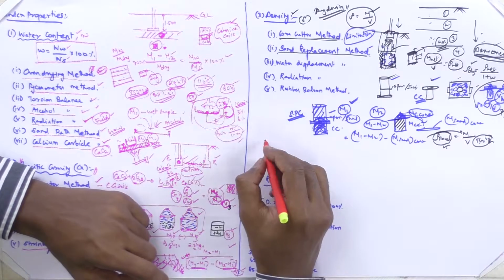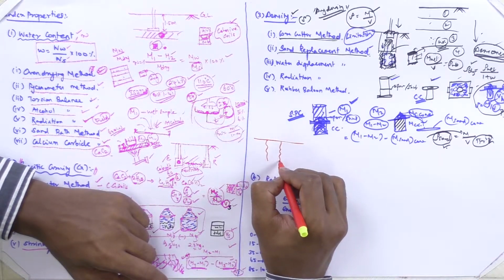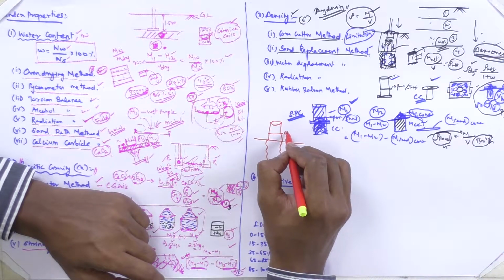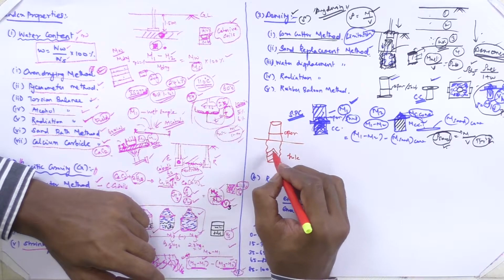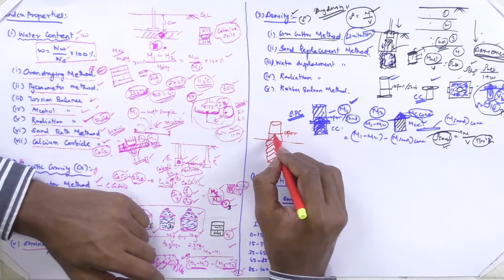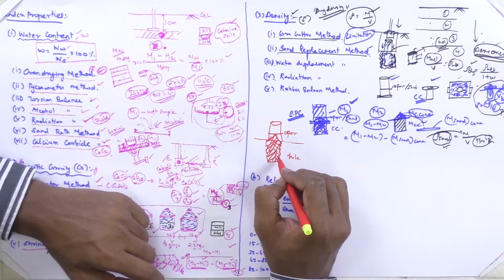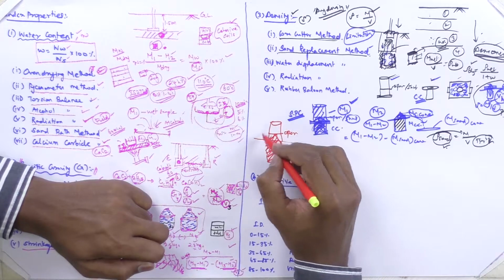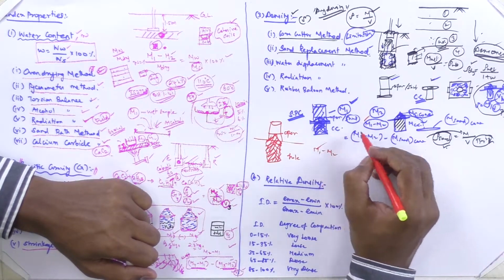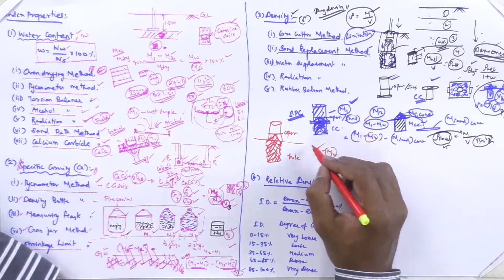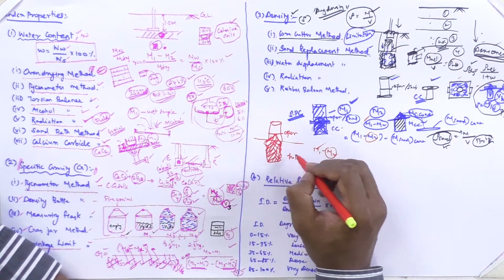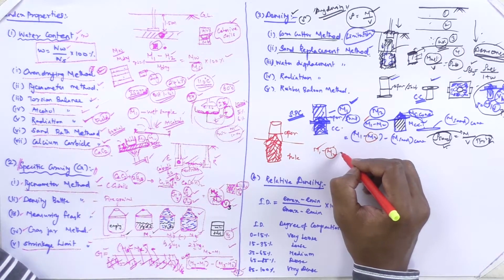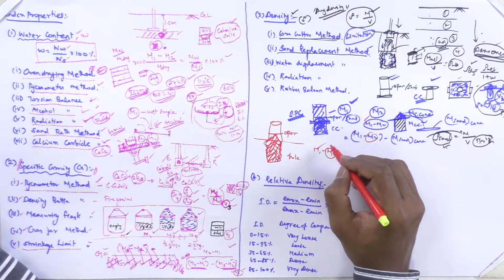So what you do now: there is an irregular shape of hole, and you place your cylinder here and open it. It keeps on filling up to this level until it is filled. The same M1 minus M2, but in this case M1 is the same and M2 is definitely going to be different, because it is an irregular shape and may consume more sand. So M2 will be a lesser value, and M1 minus M2 will be a higher value compared to the earlier case.